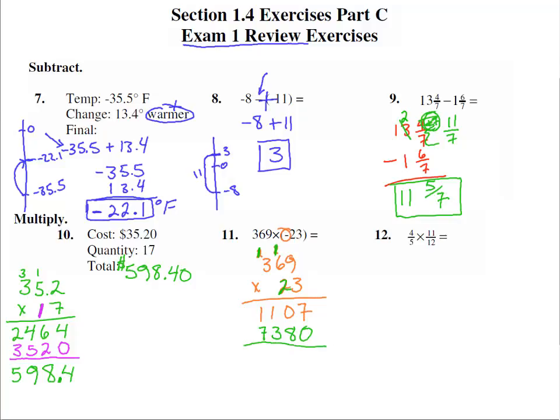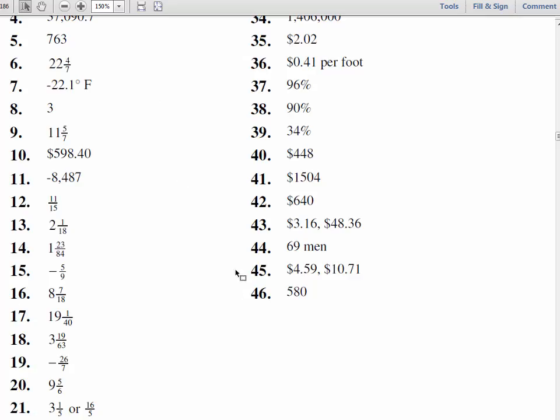So when we add those two together, we get 7 plus 0 is 7. 0 plus 8 is 8. 1 plus 3 is 4. 1 plus 7 is 8. And remember that it's positive times a negative. Our answer should be negative 8,487.